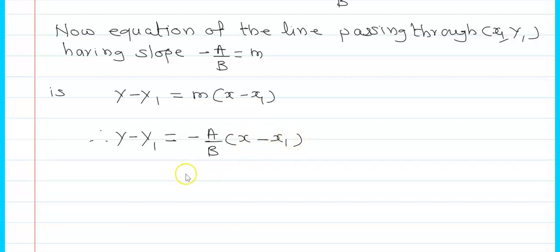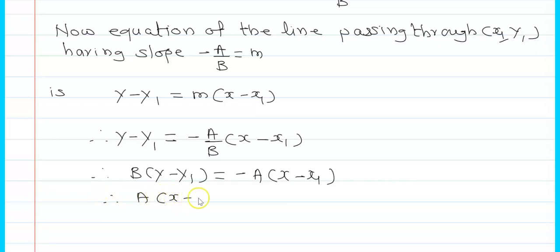Okay. Now the simplification. b in bracket y minus y1 is equal to minus a in bracket x minus x1, and again it can be written as a in bracket x minus x1 plus b in bracket y minus y1 is equal to 0.